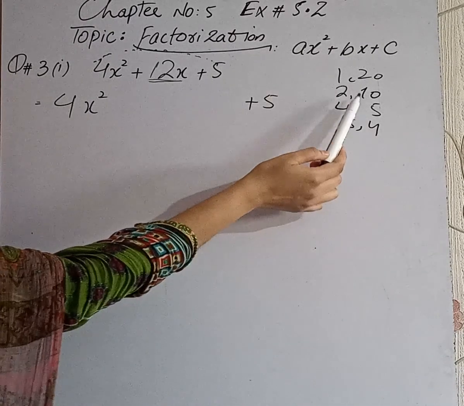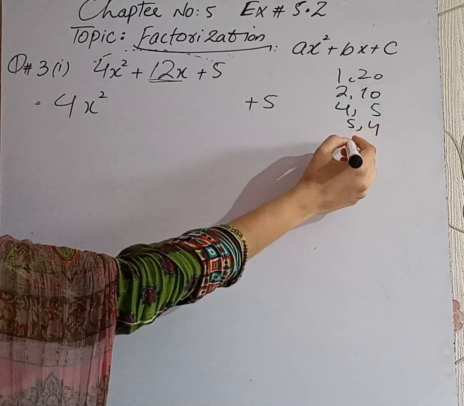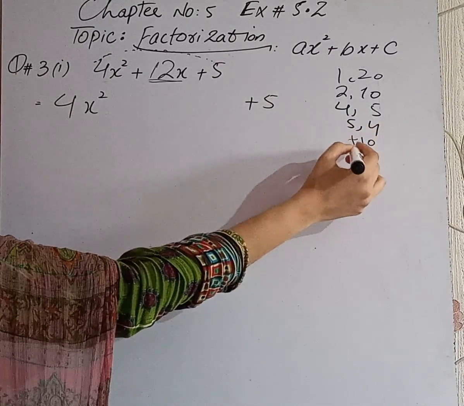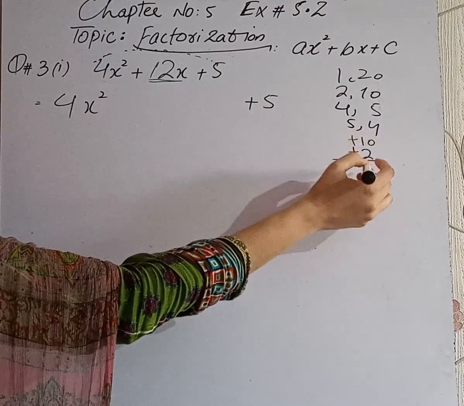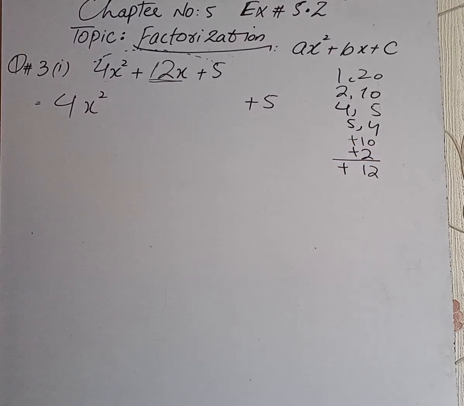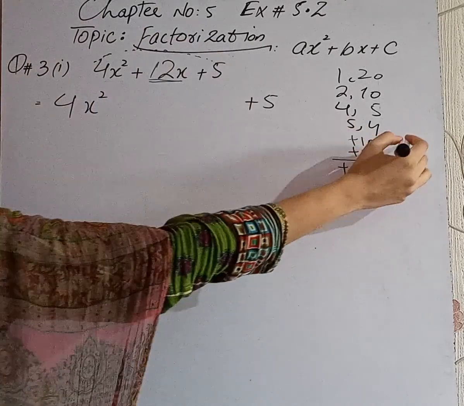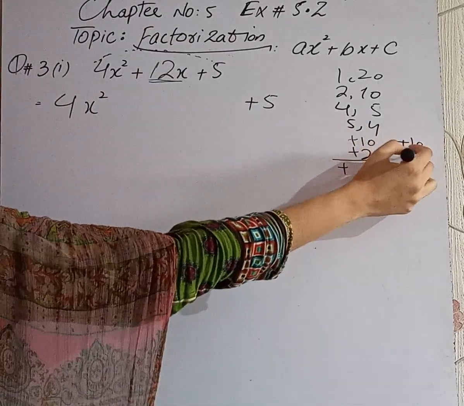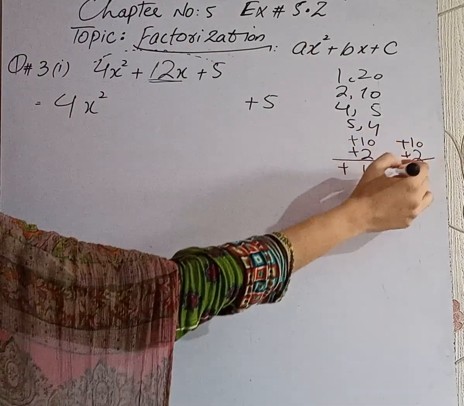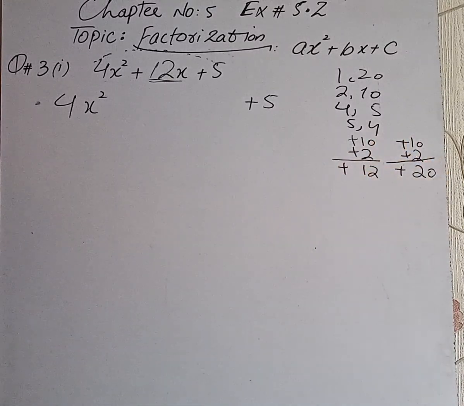If we use plus 10 and plus 2, we'll check this: plus 10 plus 2 gives 12, and after multiplying, plus 10 times plus 2 gives plus 20. It means by using this pair we can get plus 12 and plus 20.